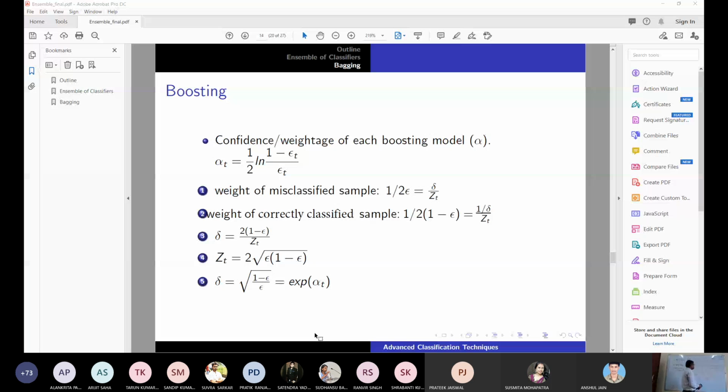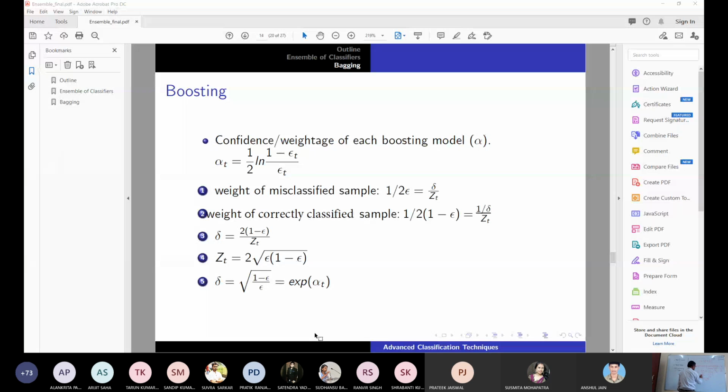What we did here, we have two equations, 1 and 2. From this equation we compute delta t. So delta t is nothing but 2 into 1 minus epsilon by zt. Now we place this delta t value into the first equation here. So it will be 1 by 2 epsilon equal to, this value directly written here, 2 into 1 minus epsilon by zt.